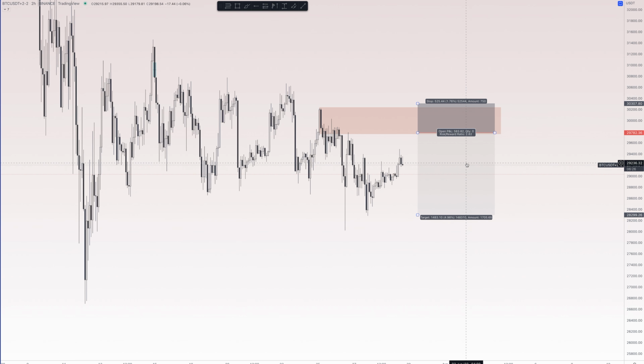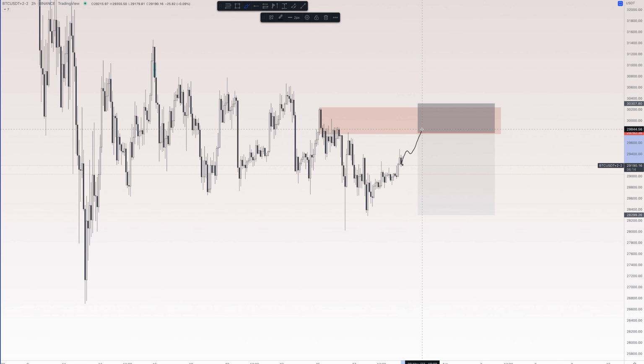And this trade has a stop loss of 1.76%. So if the entry gets hit and my trade goes against me and gets stopped out, then the maximum amount of money that I'm losing is 500 euros.